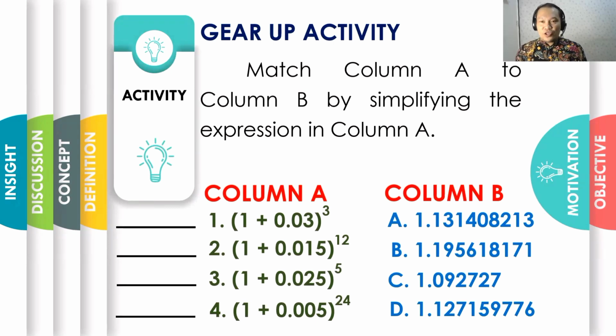We are going to use the exponential function competency that we learned from our previous discussion by matching column A to column B. In column A, we are going to simplify the expressions using the concept we learned in exponential function, and whatever your answer is, you are going to match it to column B.